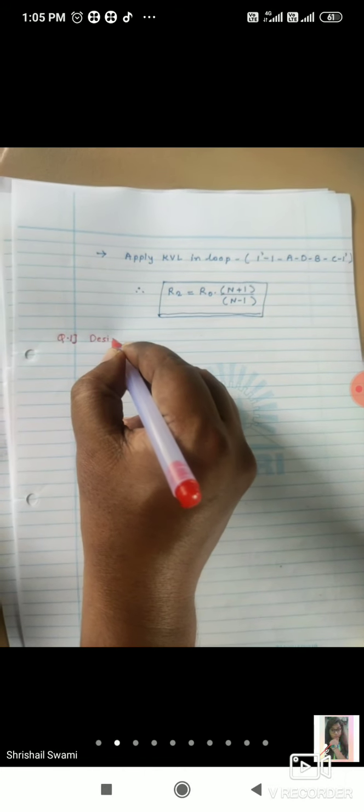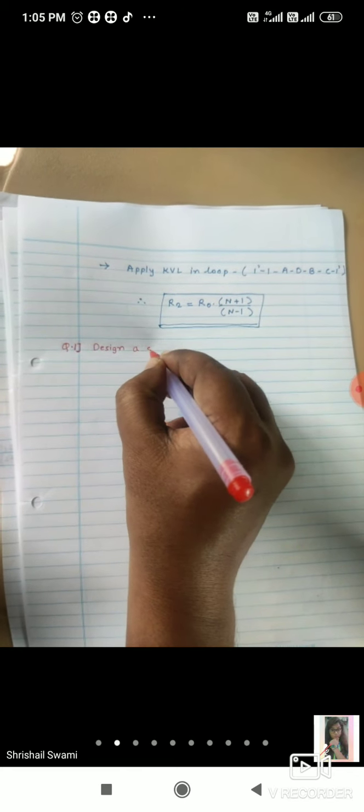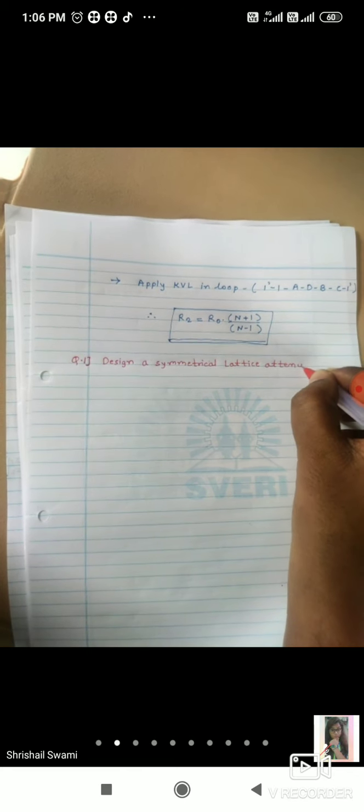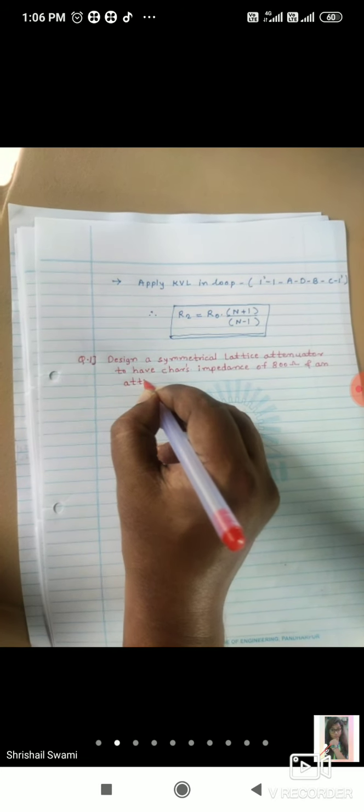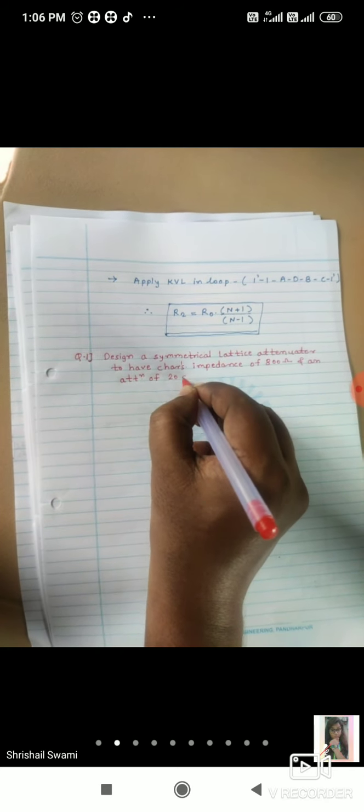So design a symmetrical lattice attenuator to have characteristic impedance of 800 ohm and an attenuation of 20 dB.